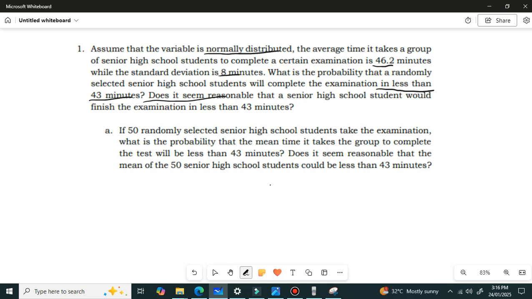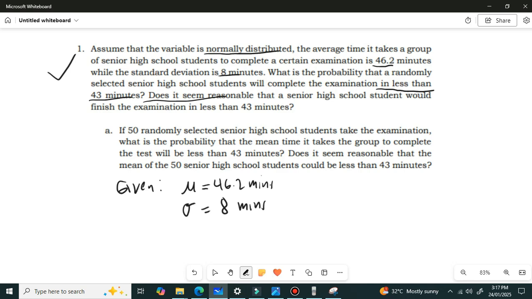In this problem, first we will solve this one. We will list the given. We have the population mean as 46.2 minutes. Then we have the standard deviation as 8 minutes.